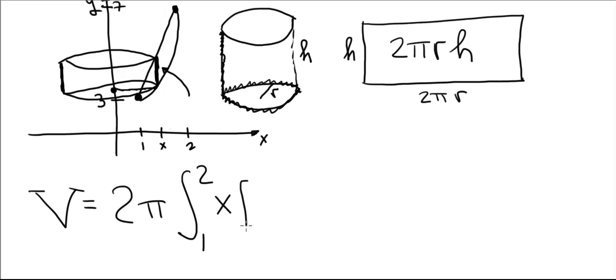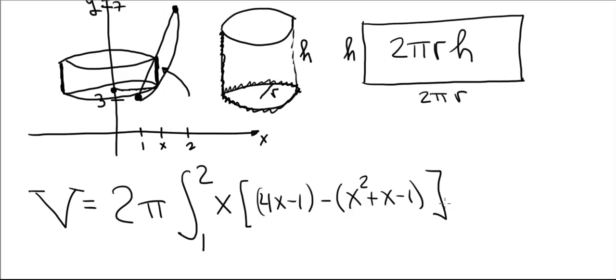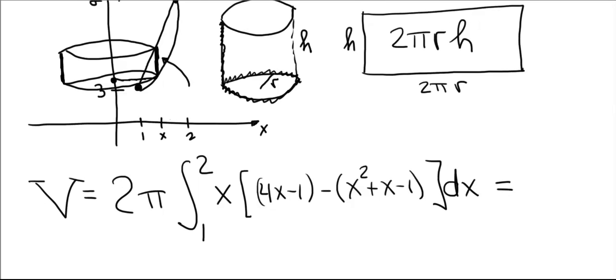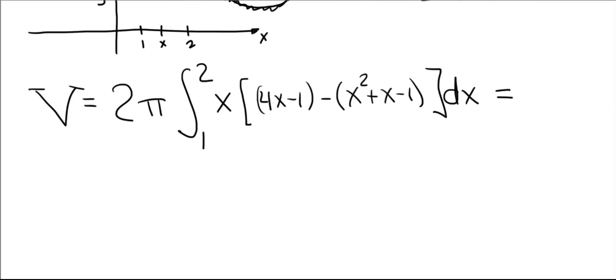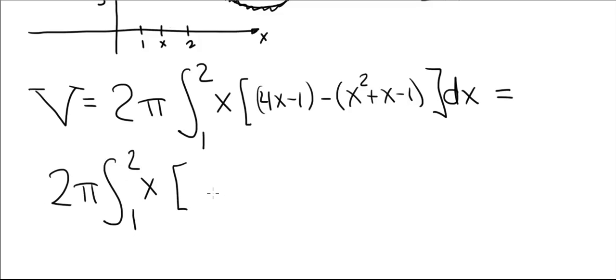The y-coordinate on the line is 4x minus 1, and on the parabola x squared plus x plus 1. Once we integrate this, we'll have the volume of our solid of revolution using the method of cylindrical shells. So this is 2 pi times the integral from 1 to 2 of x times (4x minus x is 3x minus x squared minus 2) dx.